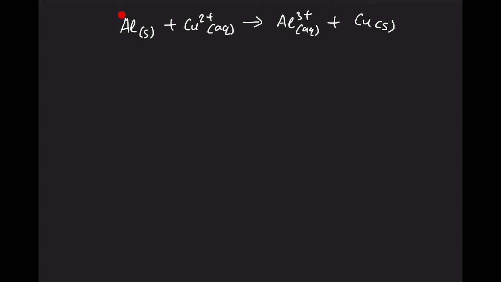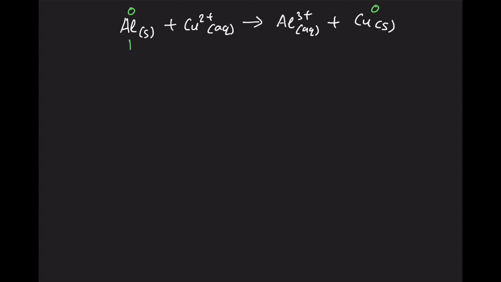If we take a look at Al first, or aluminum, in the reactant the oxidation number is 0. This is typical for any neutral element as such. And here the oxidation number is 3 plus, just like the charge. The copper at the reactant side has an oxidation number of 2 plus, while at the product side, the copper has an oxidation number of 0.